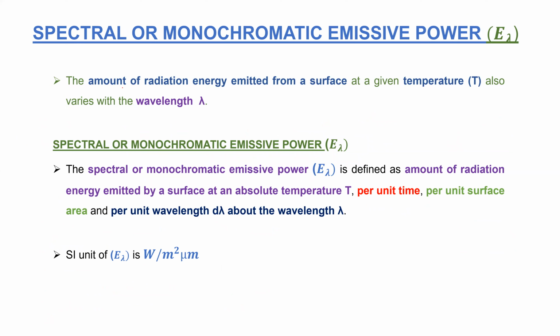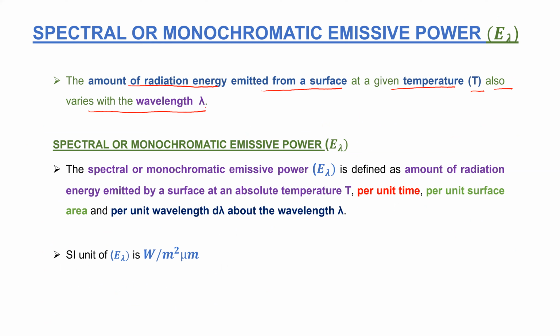The amount of radiation energy emitted from a surface at a given temperature T also varies with wavelength lambda. In the previous case, when we talked about the total emissive power, we considered the radiation energy emitted over all wavelengths in all directions.